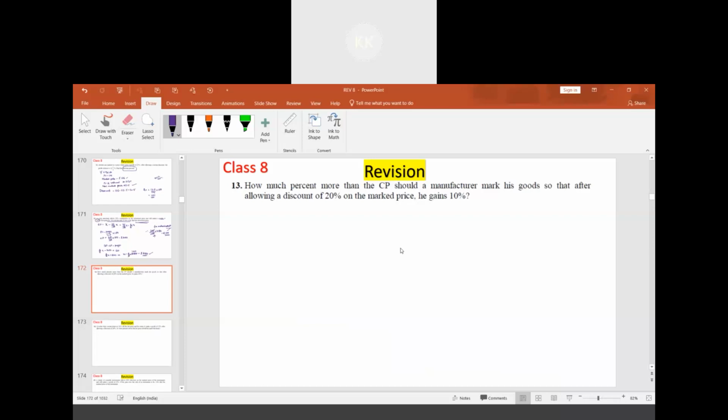How much percent more than the cost price should a manufacturer mark his goods so that after allowing 20% discount on the market price, he gains 10%?